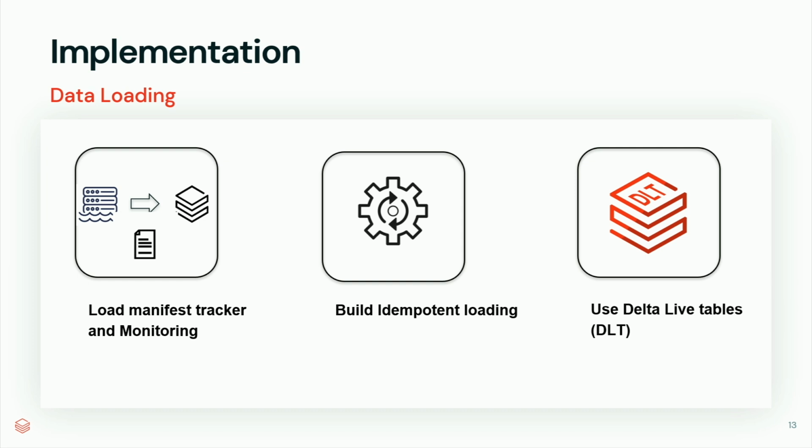So by integrating these three strategies, the load manifest, idempotent loading, and Delta Live Tables, we created a transparent, reliable, and high-performance data loading system, forming the backbone for an advanced analytics and AI system, which is again part of your unified lakehouse platform as a backend.